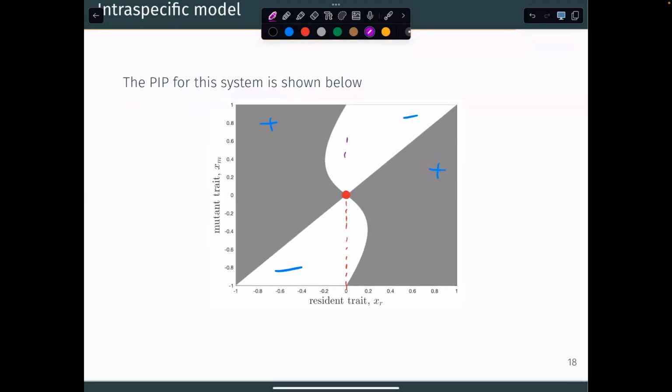We can see this purple dashed line here that it is going to be evolutionarily stable, because in this direction we have a fitness maximum. So my x star is equal to 0. And then we can see that it is convergent stable, just as we did previously: regardless of whether we start with a higher trait value or a lower trait value, it will converge towards it, c less than 0.